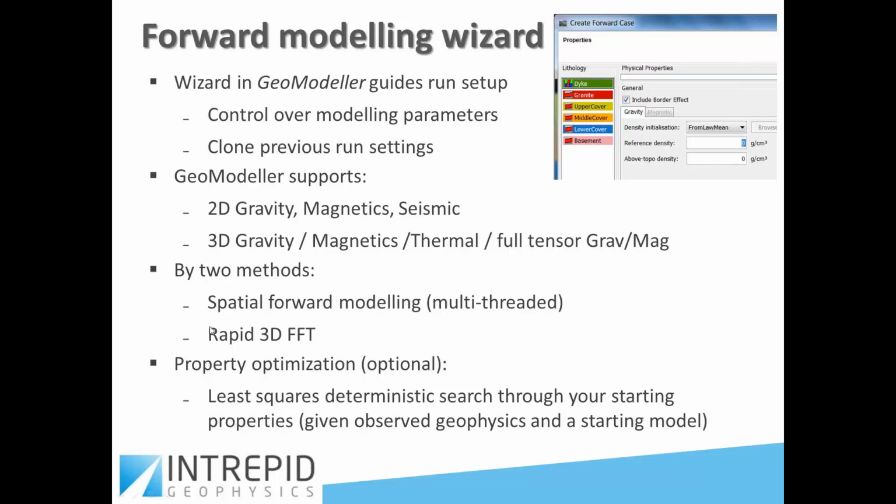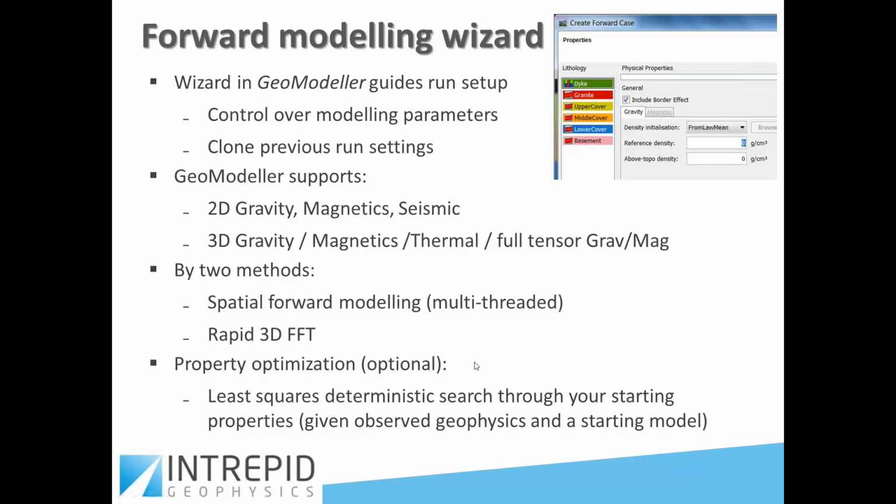And there are two methods employed by GeoModeller, both available by choice. You can choose to do the computation as a spatial forward modelling method, and this method is multi-threaded in GeoModeller. Also, as an alternative, you can choose a rapid 3D fast Fourier transformation method.